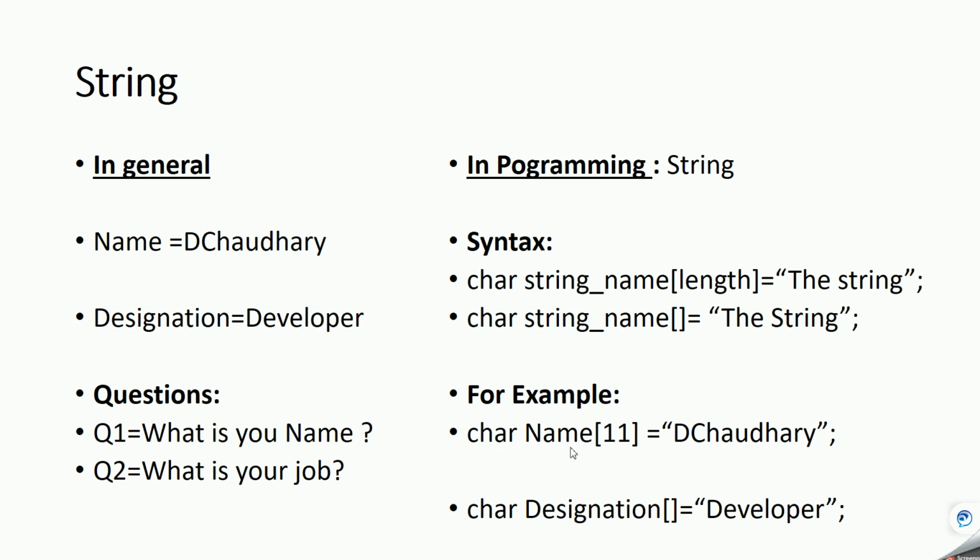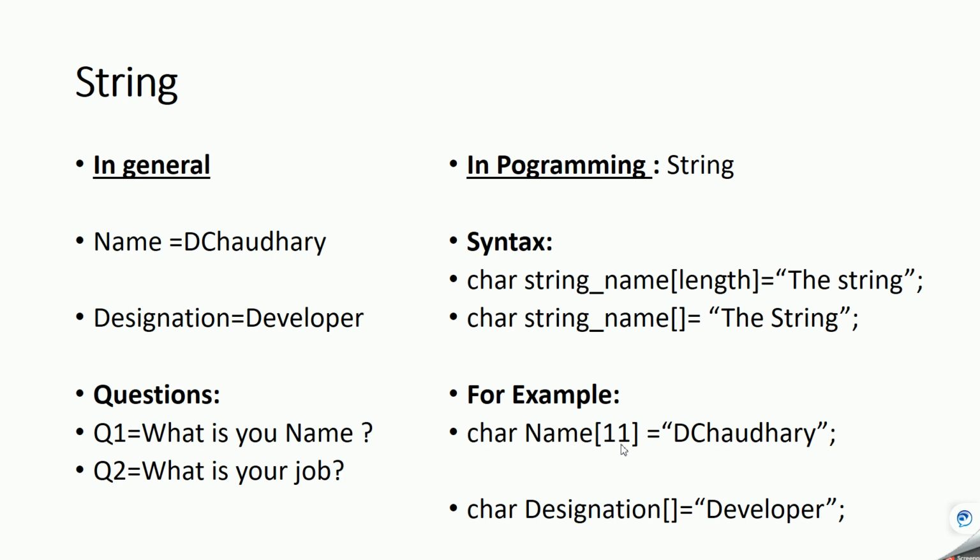In this case, we have a string called name, it has length 11 and the value is D Chaudhary. If you see, this D Chaudhary has 10 characters, but we have given the length as 11. As I told you in the beginning, while defining the string, one null character will get added at the end of the string.